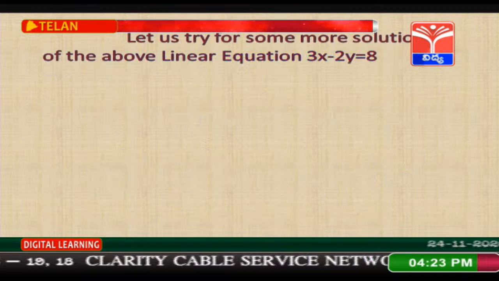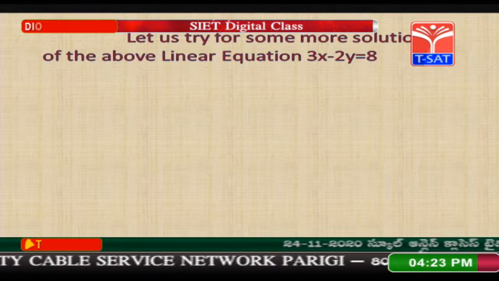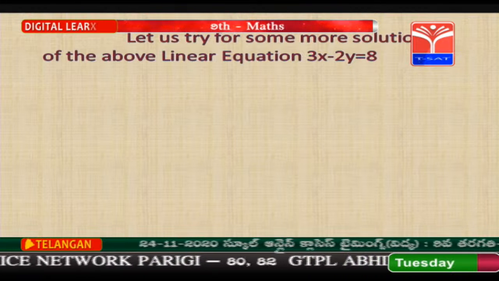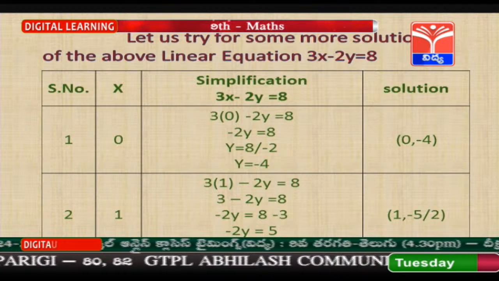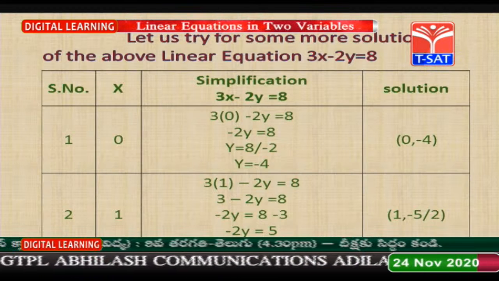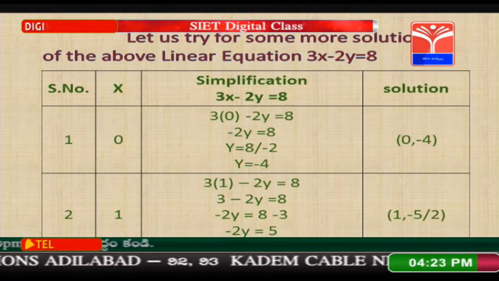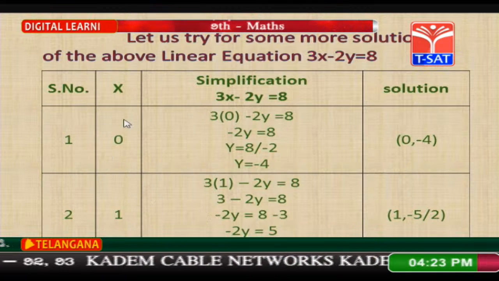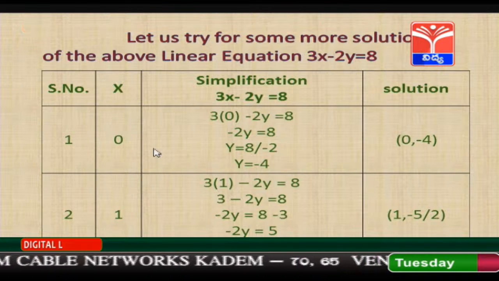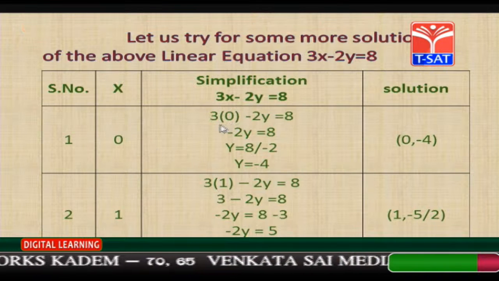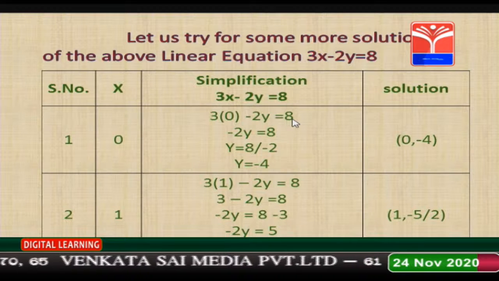Let us try for some more solutions of the linear equation 3x minus 2y is equal to 8. Suppose here I keep x as my choice, that means I am going to take the values for x. Here you please see, if I take x value as 0, then the equation becomes 3 into 0 minus 2y is equal to 8.